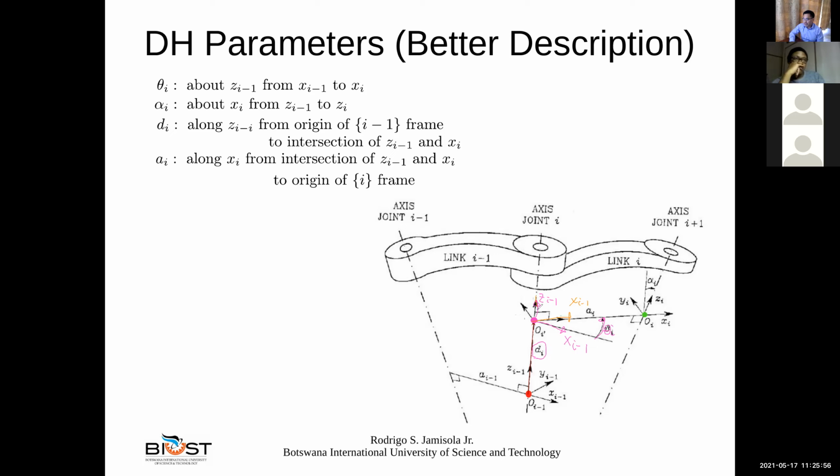Okay, your ZI minus 1 is still here. So now there are two transformations. We move this point, move it to there. This is the first. Now the second one is rotate this axis into there. Okay, so now your ZI minus 1 is here, or XI minus 1 is there.